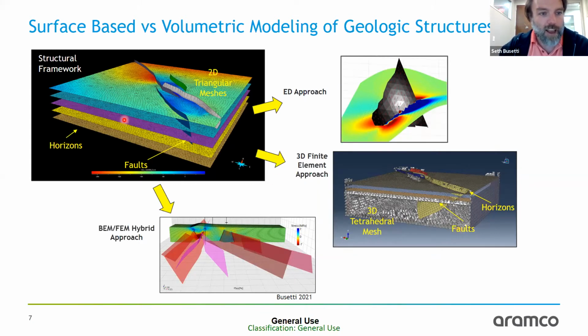So if we start on the left with this example structural framework model from Utah, we have discrete horizons, we have discrete faults. These faults have offsets on them. The first approach we'll look at is mathematically the simplest, and it's the quickest, and that's the elastic dislocation approach. In this case, we're not actually going to build out a volumetric model.